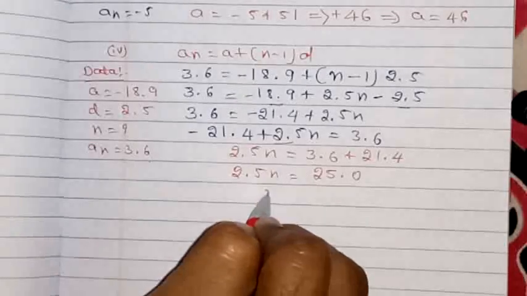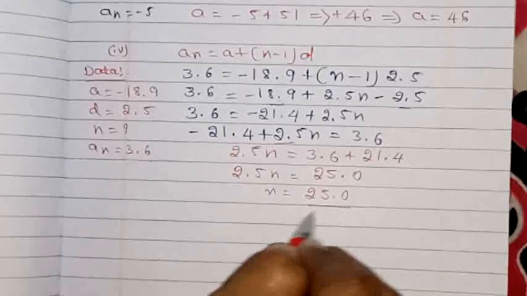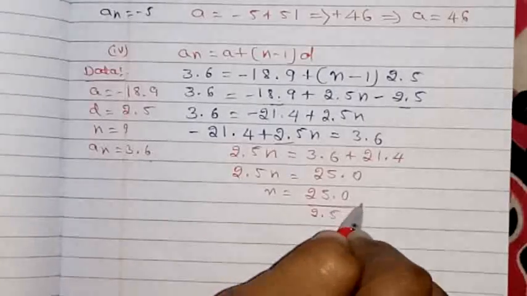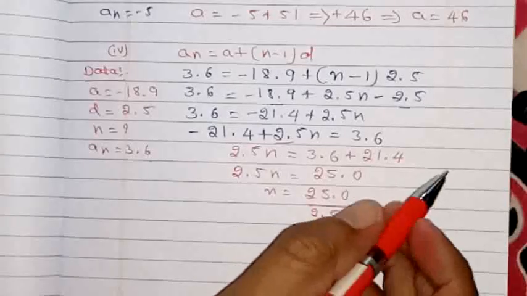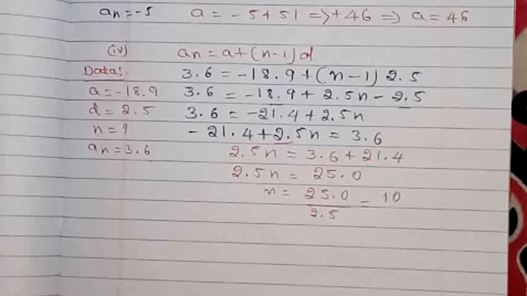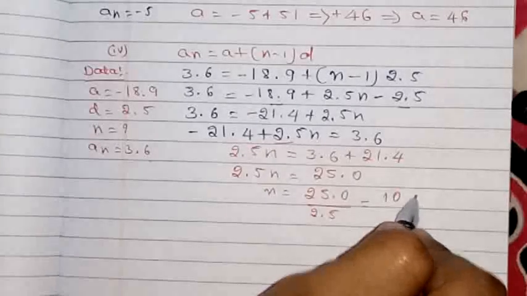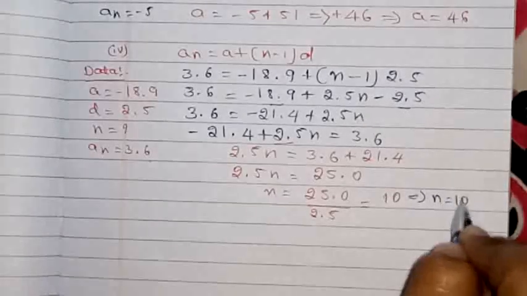So therefore n is equals to 25.0 divided by 2.5, that's equals to, if you divide this, the answer will be 10, right children? So therefore what is the value of n? That implies n is equals to 10, right?